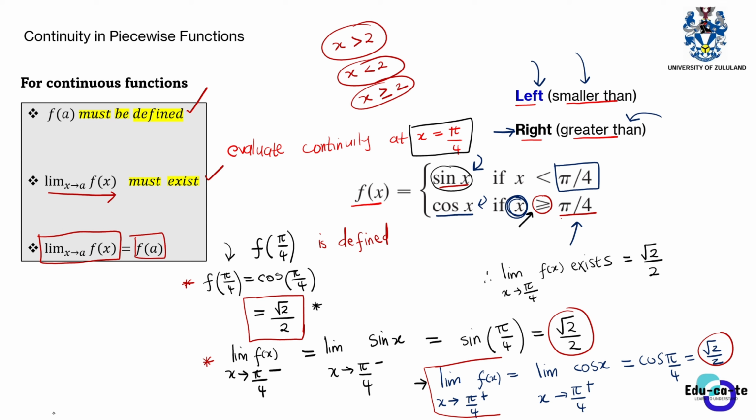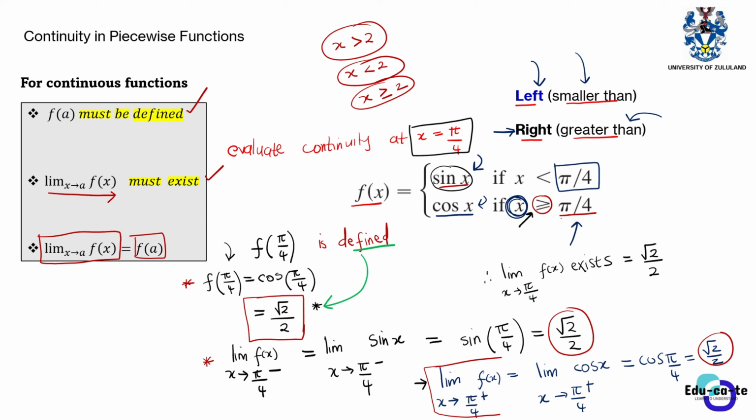Do you realize that here the value of the function, I'm sure we have said that f of pi over 4 is defined. It means it is defined by a certain value, which is the y value when you put pi over 4 where there is x. So basically, the y value at pi over 4 is square root 2 over 2.